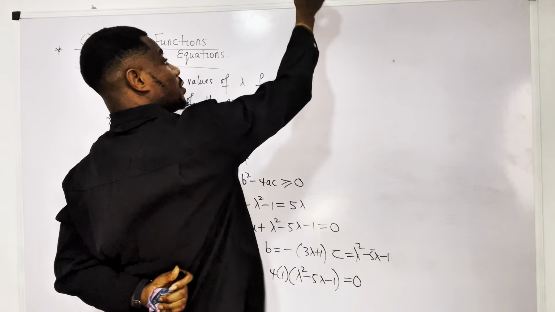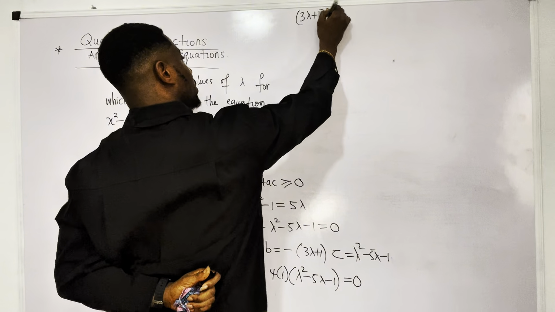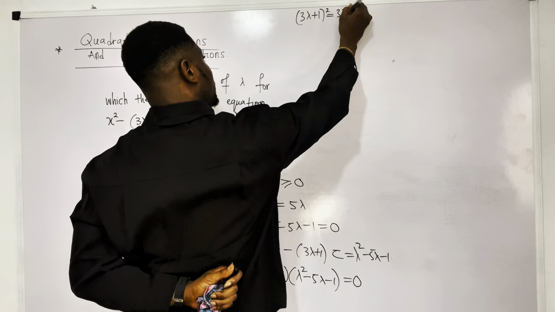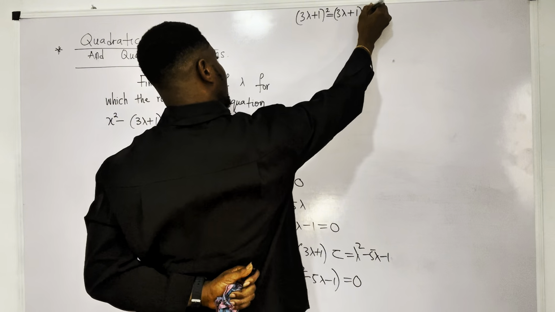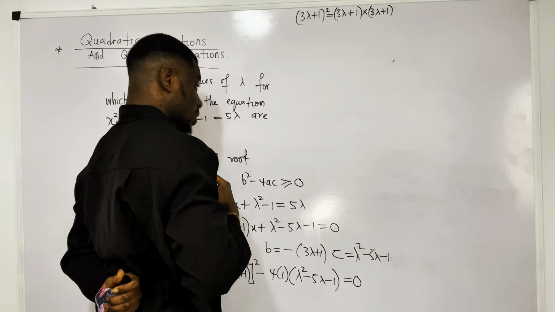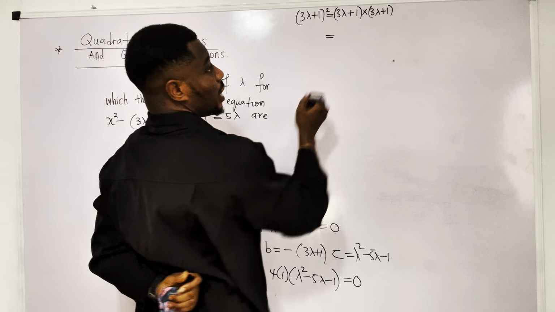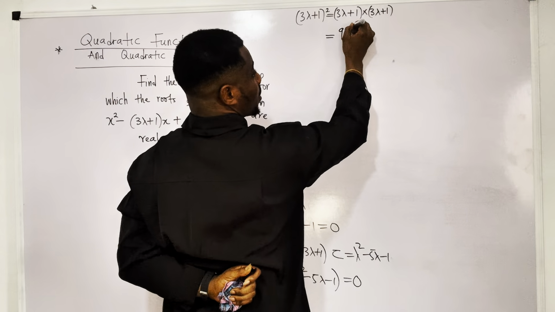If I expand (3 lambda plus 1) squared, it's going to be (3 lambda plus 1) times (3 lambda plus 1). Expand it. 3 times 3 gives you 9, so we have 9 lambda squared.